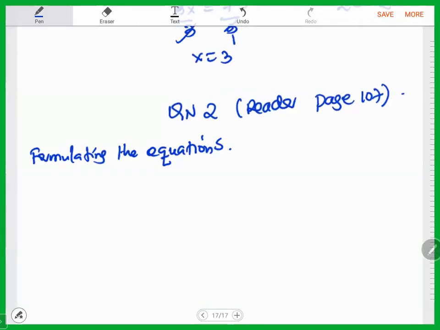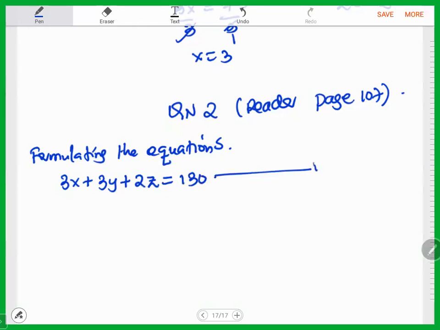Who has seen the first equation? 3x plus 3y plus 2z is equal to 130. That is the first equation.